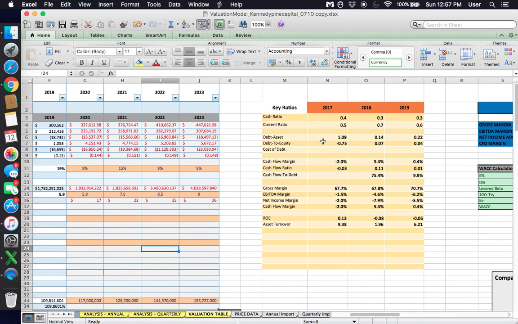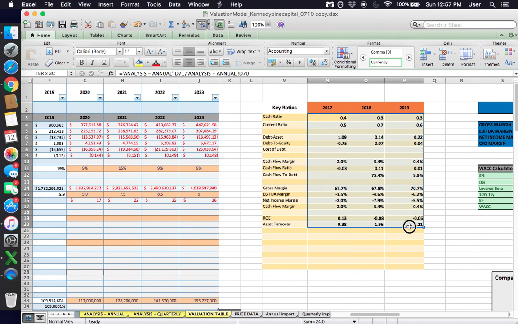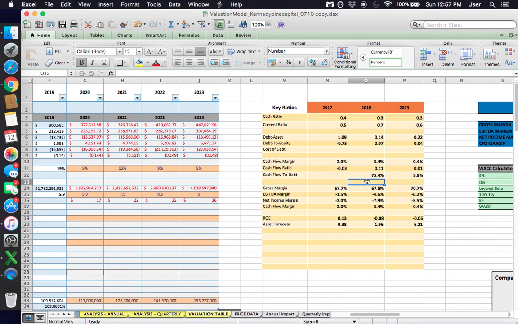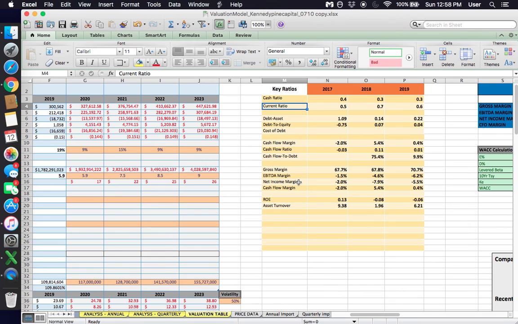And here we have just some key ratios. This really won't help you with the value, but this is a good snapshot of the company's financial health. So we can see that debt to asset is really low, which is a good thing. See their cash ratio, current ratio, their margins. This is a super important one, cash flow margin.